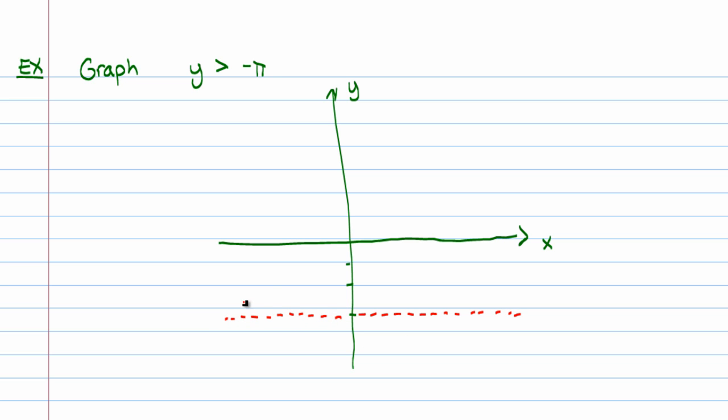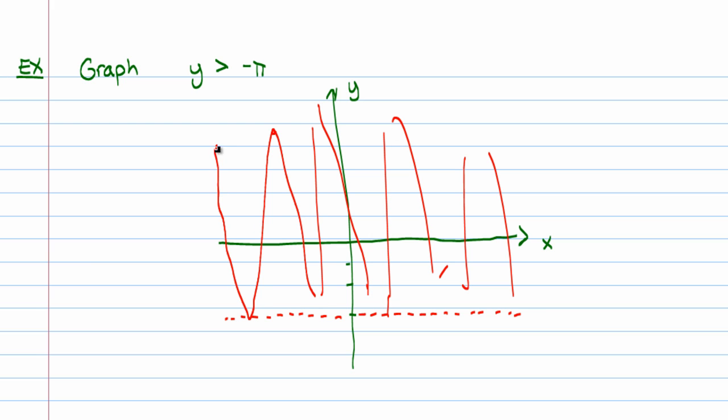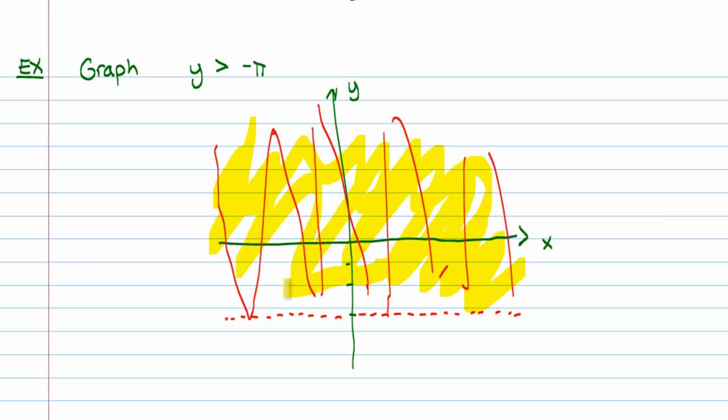And the question is, when are my outputs, or when are my heights, above that line? Well, here. That's where they're above that line. So all this area, I could shade it using a highlighter, I suppose, but you get the idea. So you can have an inequality that's a horizontal half plane, or basically an inequality with a horizontal boundary line or a vertical boundary line.